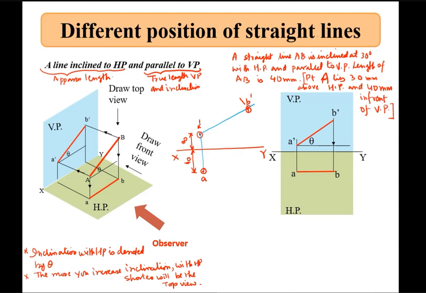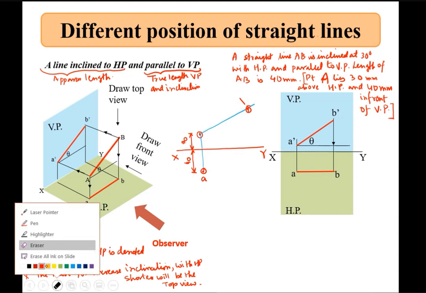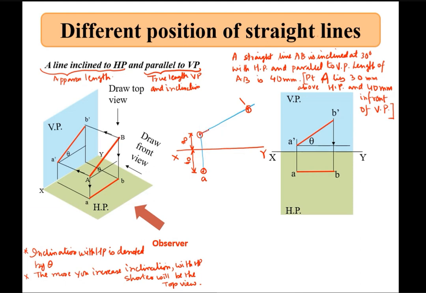I draw extension lines like this and join A dash to B dash. This is point A dash and this is point B dash. Up to this it is clear to you? Yes, sir. Next, I will draw a projector again like this from B dash.